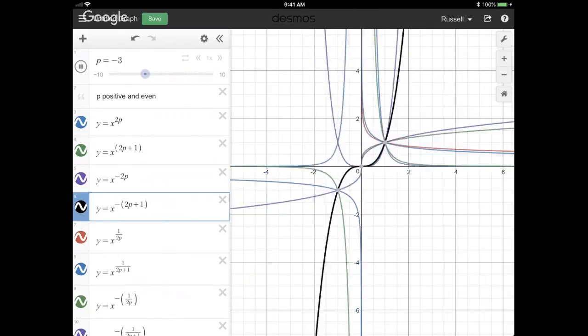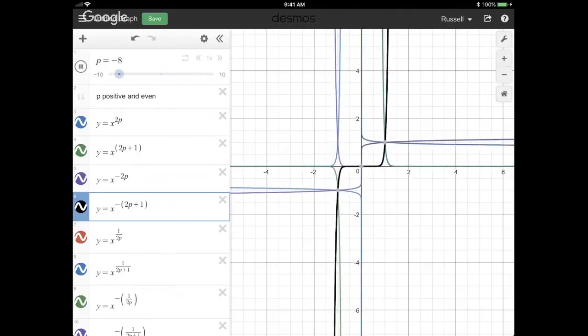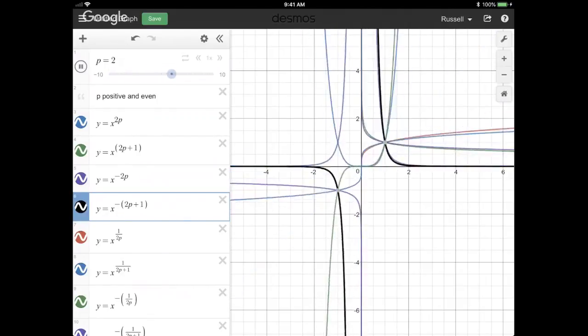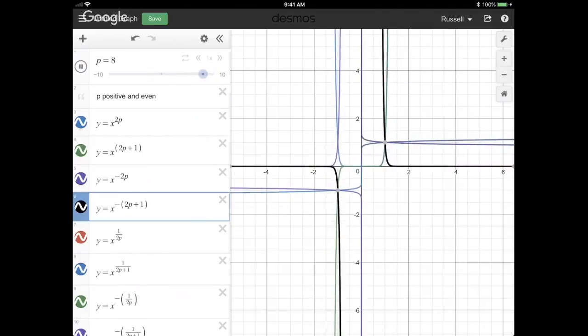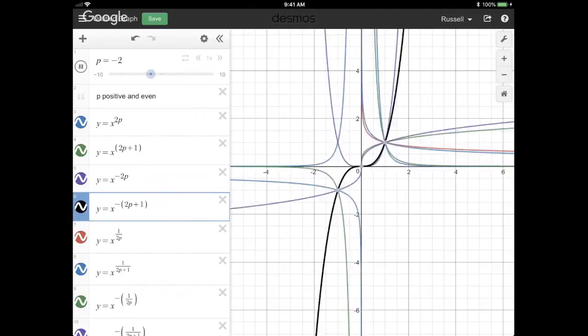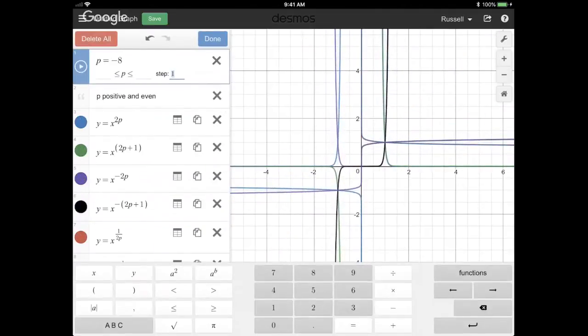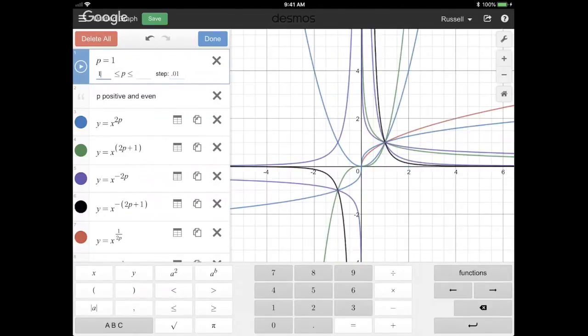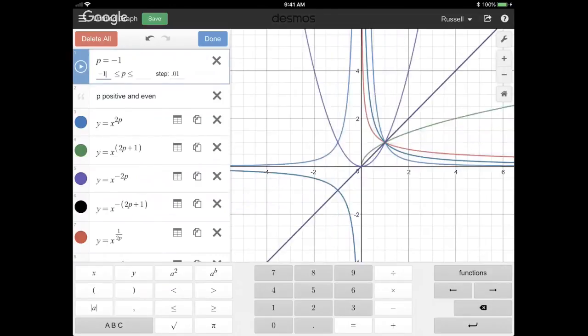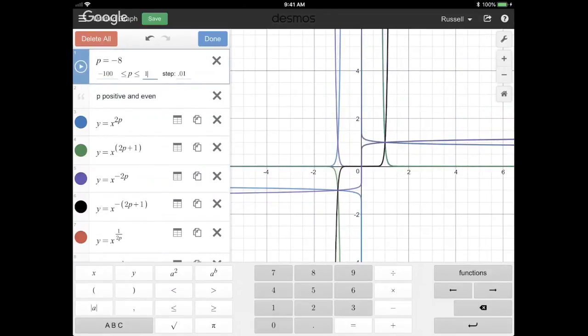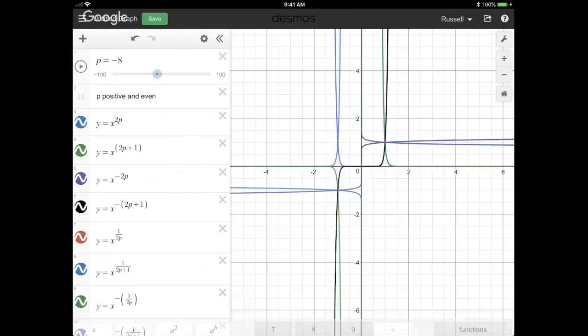Whoa. Now they're only going by integers, so it's a little weird looking, but let's fix that. 0.01, say. Let's make this thing move, right? I could go like -100 to 100. I could say I'm done with that.